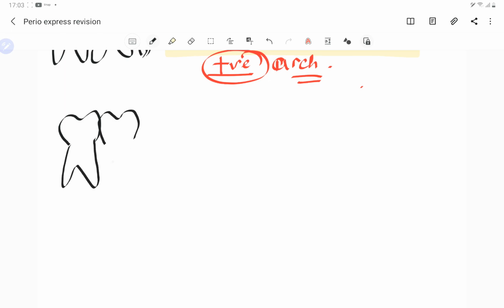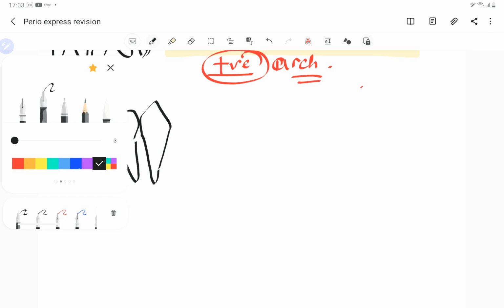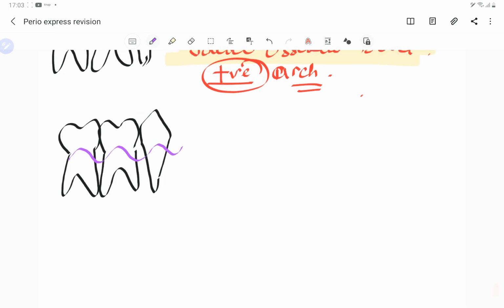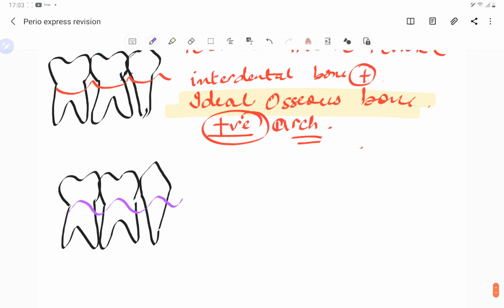so it means that there is no interdental bone, in fact there is an interradicular bone. Say suppose the architecture of the bone is something like this, that interdental bone is missing. If you can see here, excuse me guys, this is quite opposite to this. If you look at the interdental bone here, there is no interdental bone.